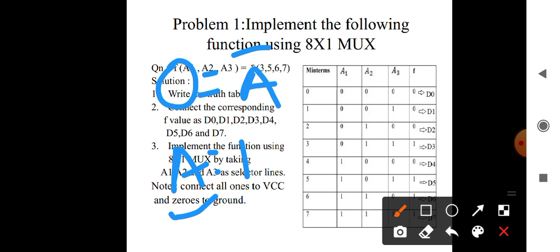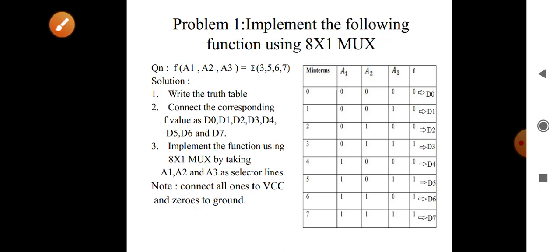This we call minterms. We can use SOP for representing and solving the multiplexer.